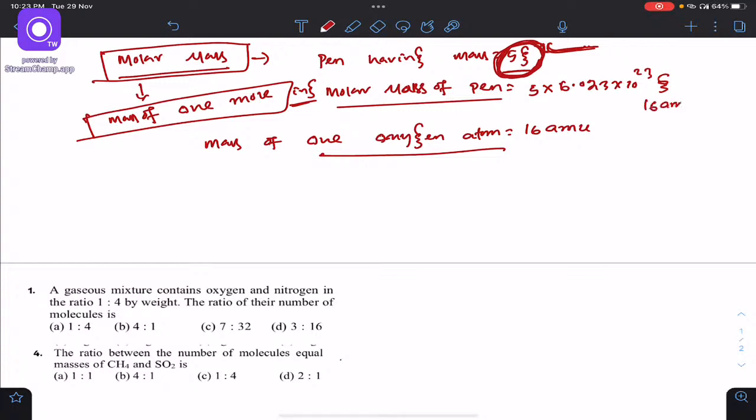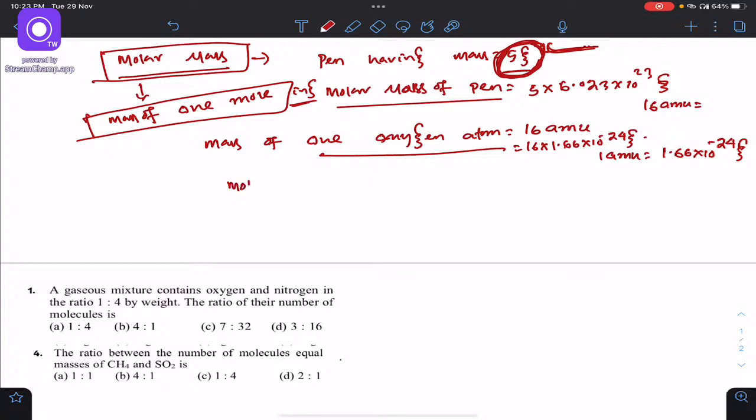AMU is converted to gram: 1 AMU is equal to 1.66 into 10 to the power minus 24 gram. So 16 AMU means 16 into 1.66 into 10 to the power minus 24 gram.